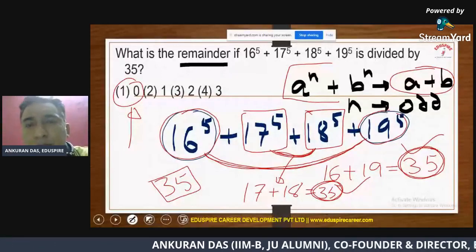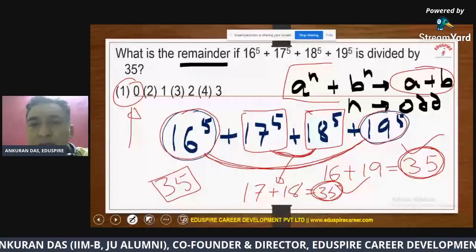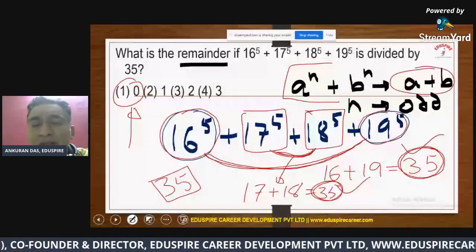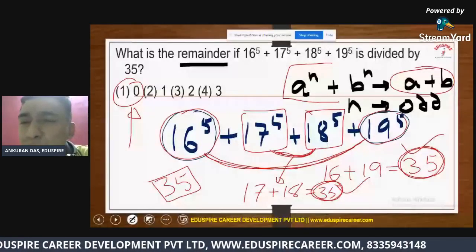Correct? This question, in fact, was asked in one of the most popular MBA entrance exams. So the answer to this question is 0.